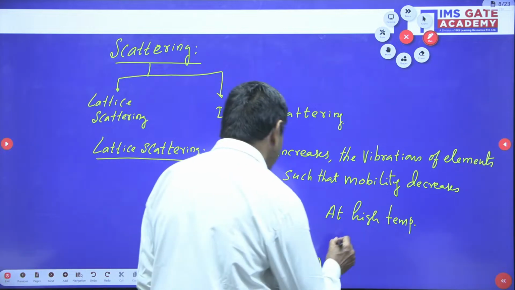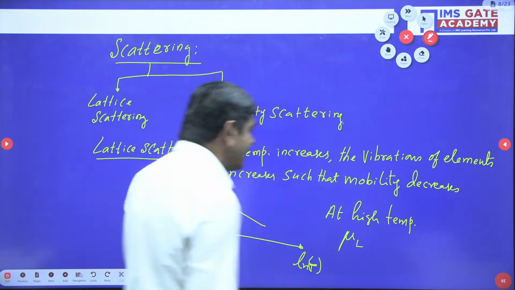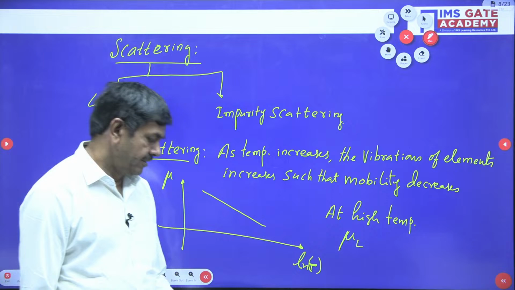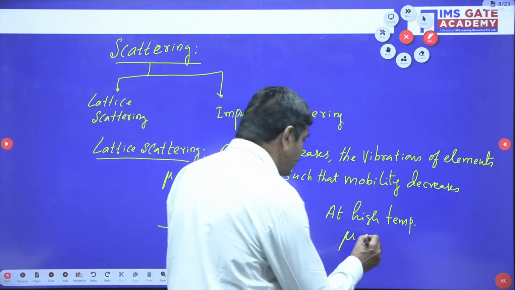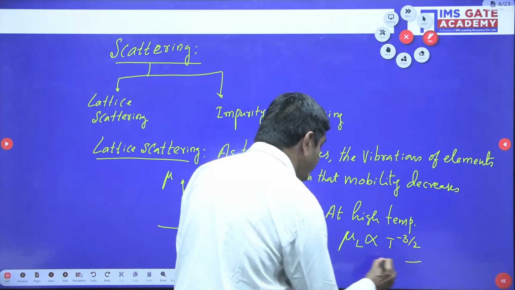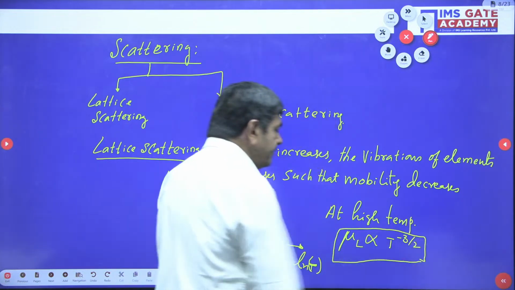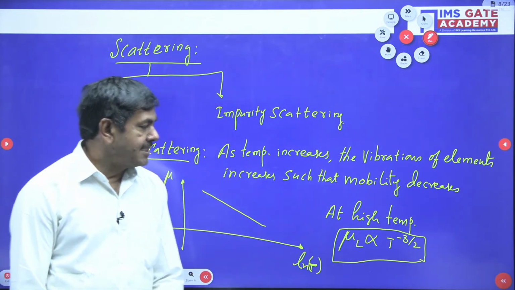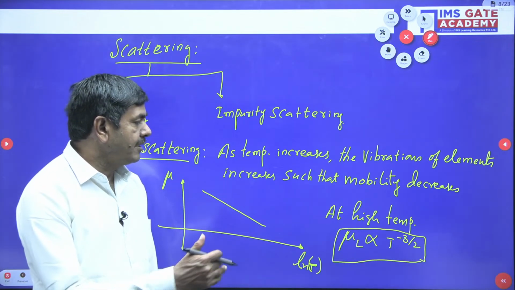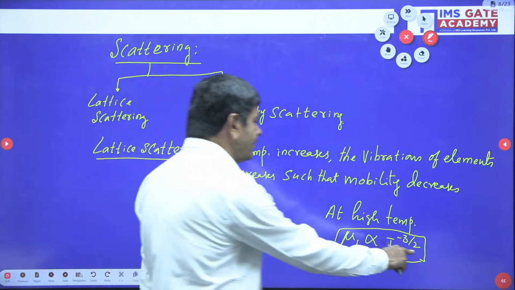At high temperature, mu L, the mobility due to lattice scattering, is directly proportional to T power minus 3 by 2. This relation is more important; you must remember it. That means when the temperature is increasing more and more, mu L, the mobility, will be decreasing. So this is the formula.